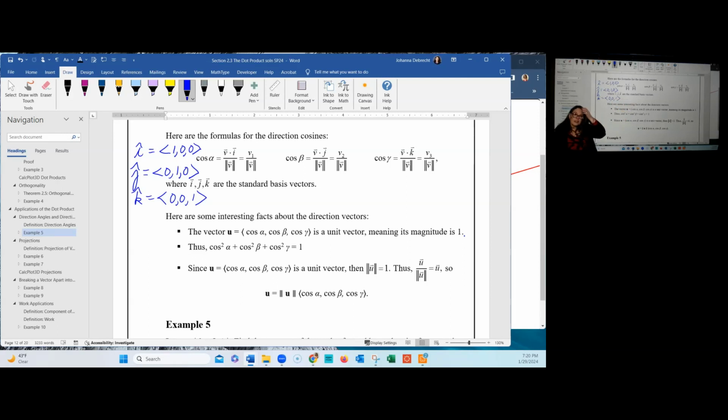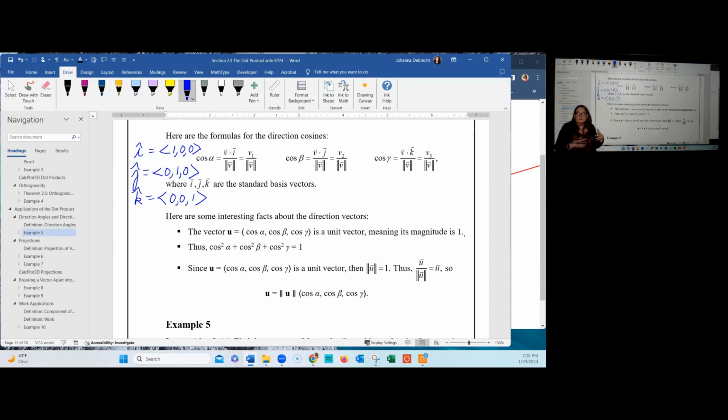Now, there are some interesting facts about these direction cosines. It's kind of weird, but if you take a vector which has as its components the 3 direction cosines, it actually turns out to be a unit vector whose magnitude is 1. Because the magnitude is 1, this would be the square root of cosine alpha squared, cosine beta squared, and cosine gamma squared.